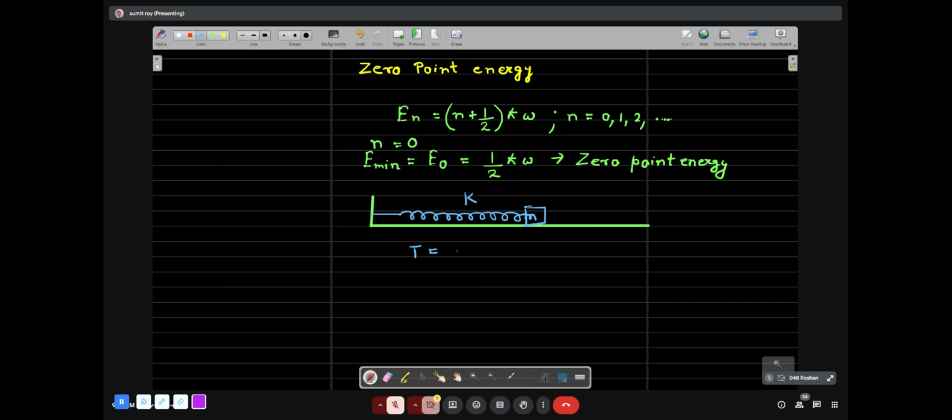Zero. What will be the potential energy? The particle is steady at the mean position.